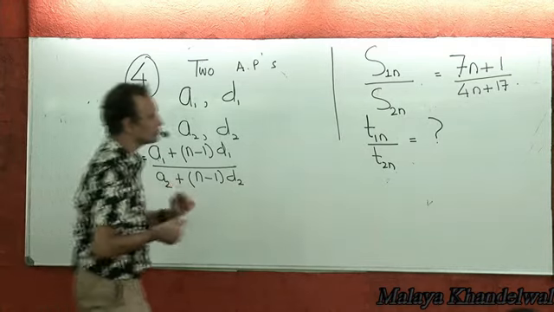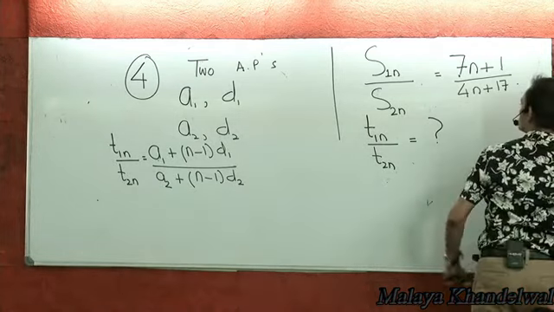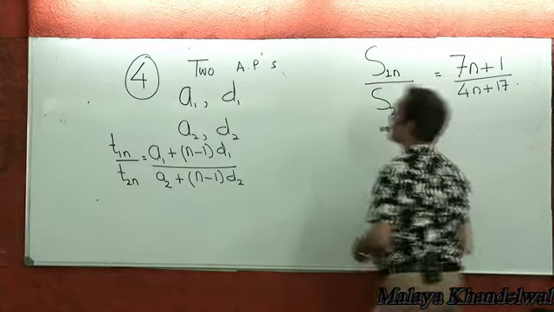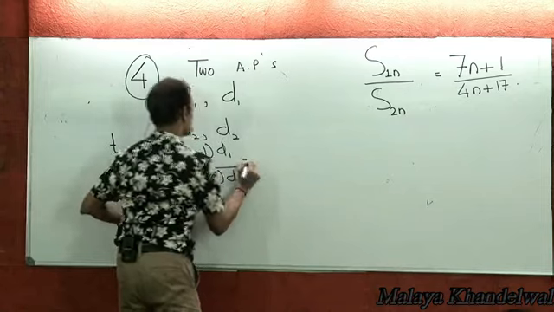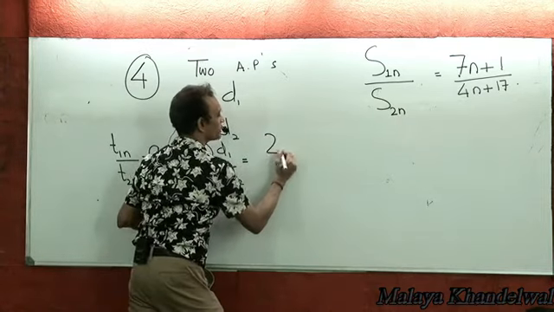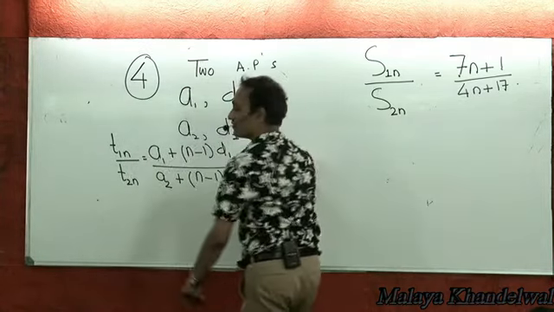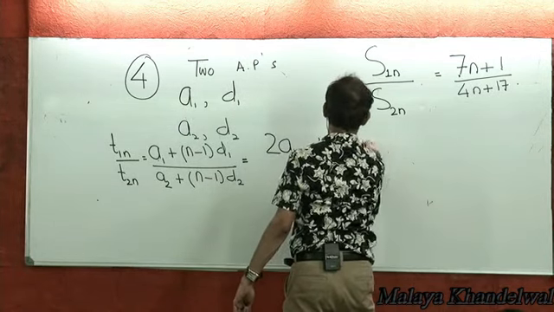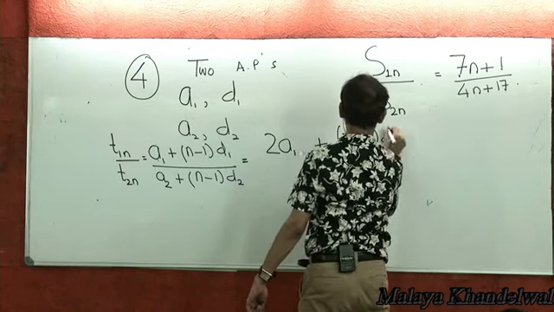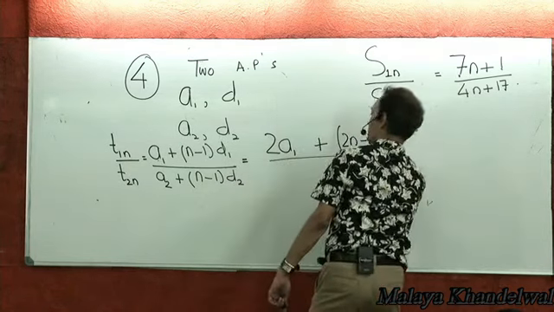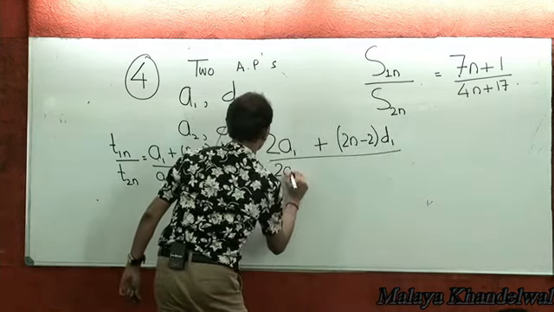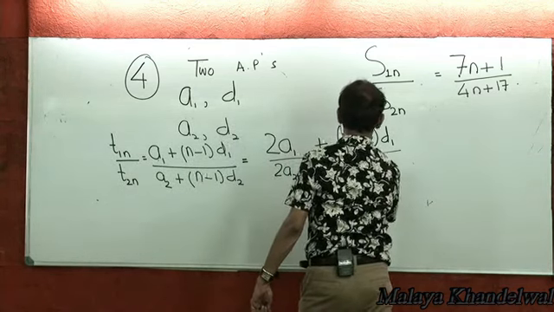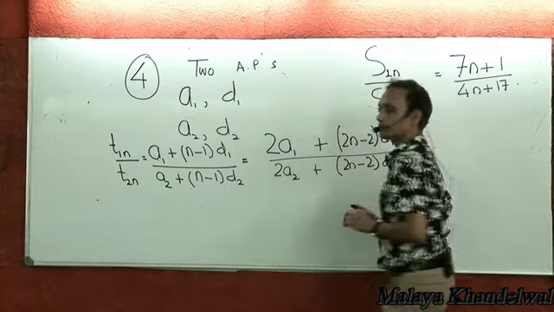Right? You'll realize what I'm saying here. In terms of the ratio of sums is what I want to do. What I do is, I do the following manipulation. 2a1 plus 2n minus 2 into d1 divided by 2a2 plus 2n minus 2 into d2. Right?